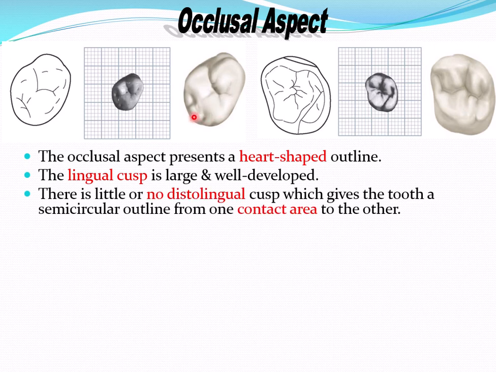There is little or no distolingual cusp, which gives the tooth a semicircular outline, because from the distal contact area to the mesial contact area the shape is semicircular. We compare it with the maxillary second molar.